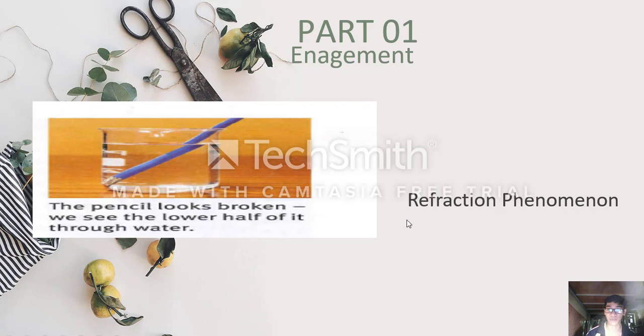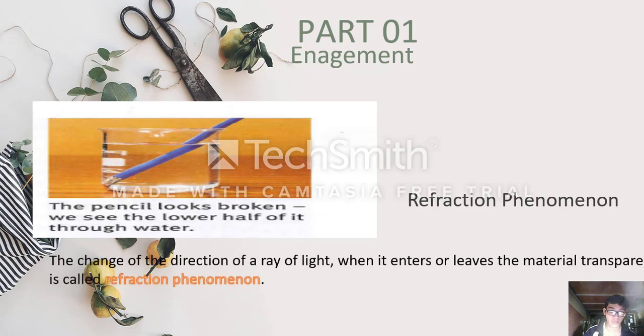It's a refraction phenomenon, refraction of light. And we will go to its definition: the change of the direction of light when it enters or leaves a transparent material equals the refraction phenomenon.